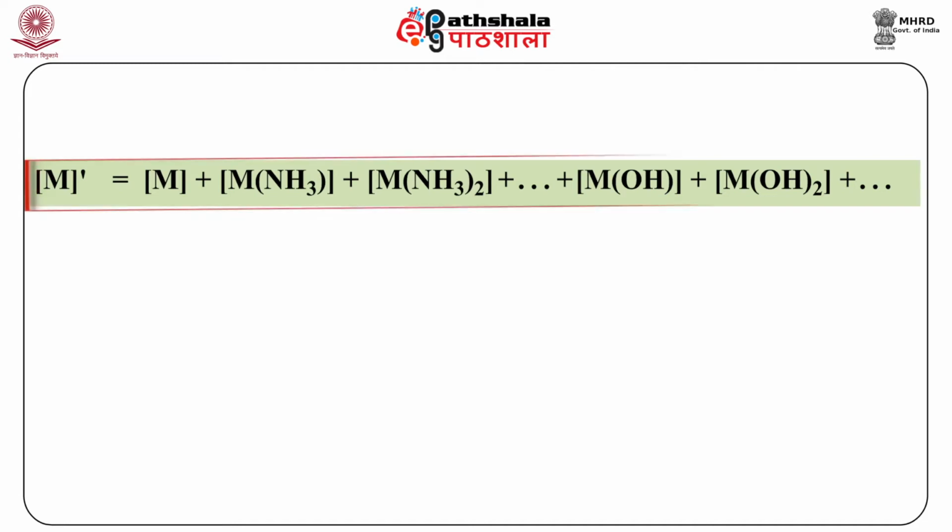This is represented as the concentration of metal M' is equal to M plus M(NH3) plus M(NH3)2 plus metal with the hydroxide ligand plus M(OH)2, and so on.